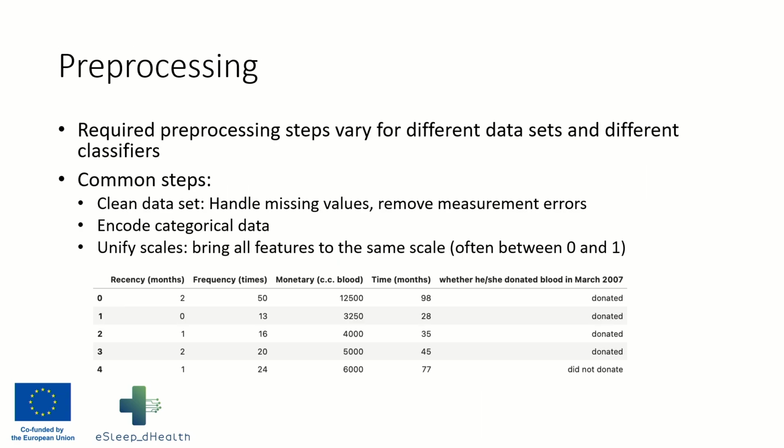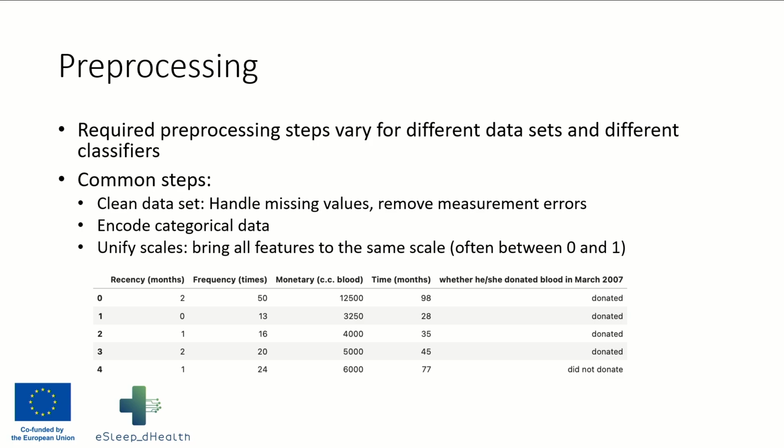Here it becomes a bit difficult, and you will need some experience with machine learning models to know what kind of pre-processing steps you need for which kind of data set and for what type of classifier, so what kind of machine learning model. Because different machine learning models have different demands, because they are sensitive to certain things.